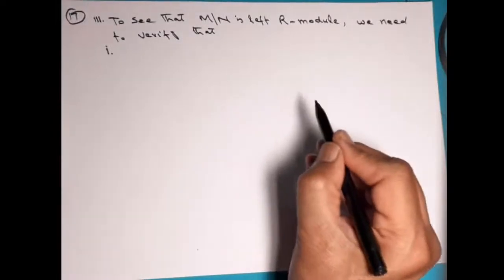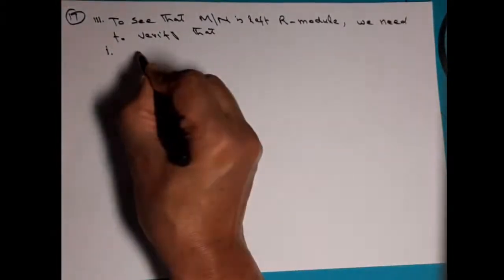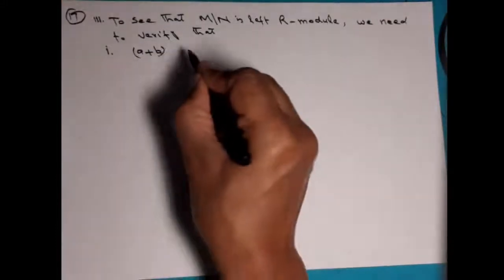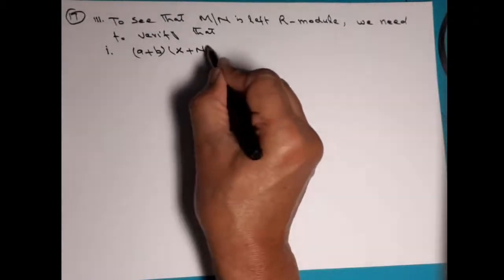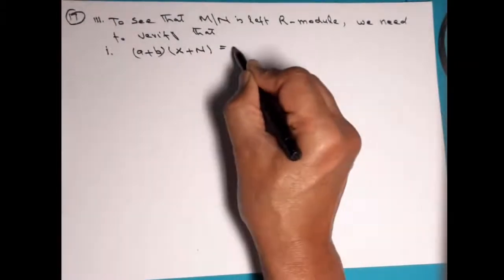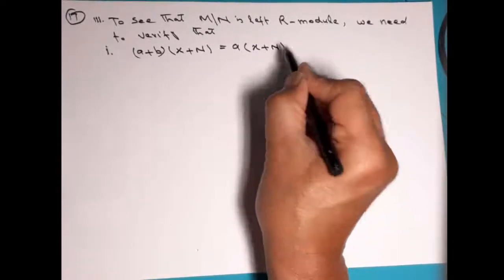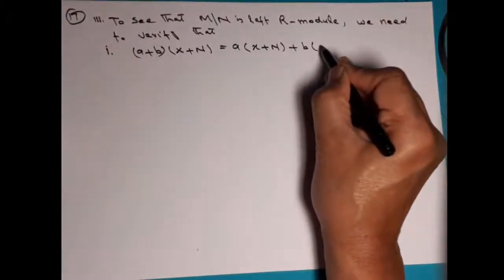Number 1, we have to verify that (a plus b) multiplied with (x plus N) is equal to a multiplied with (x plus N) plus b multiplied with (x plus N).